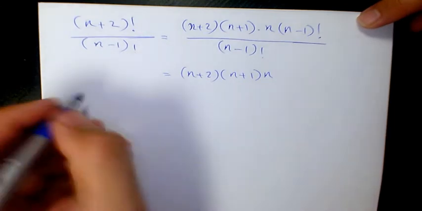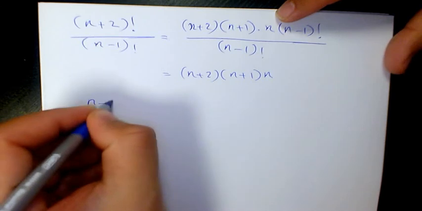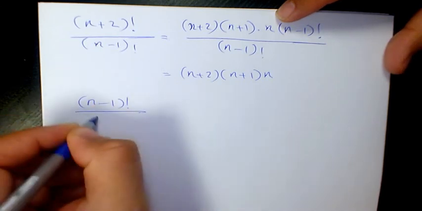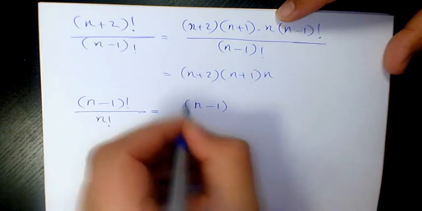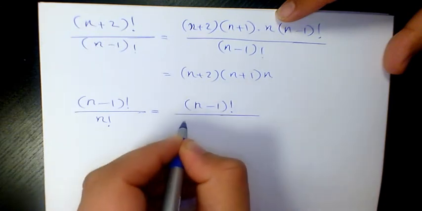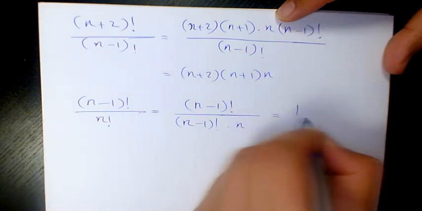Now next example is going to be n minus 1 factorial over n factorial. In that case it's going to be n minus 1 factorial over n minus 1 factorial times n, which is going to be 1 over n.